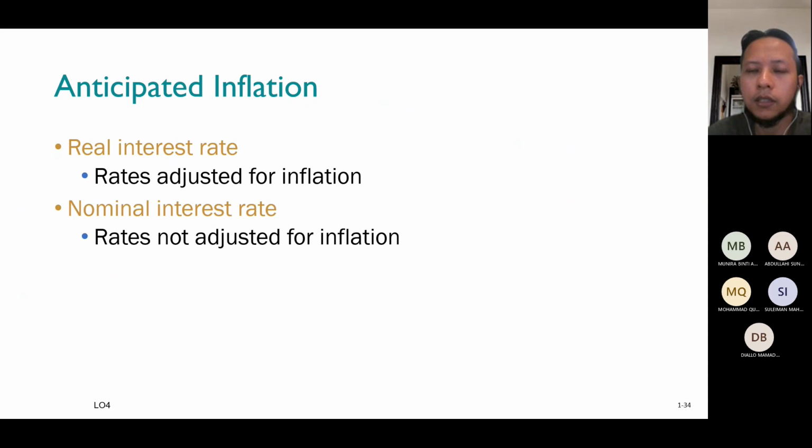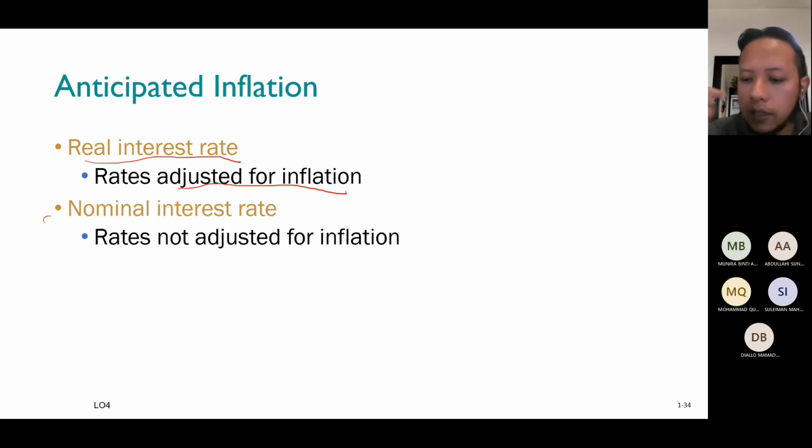If you realize, in the US they are anticipating inflation, and the government is responding by adjusting the interest rate. So we have the real interest rate, which is adjusted based on inflation, and then the nominal interest rate, where the rates are not adjusted by inflation.